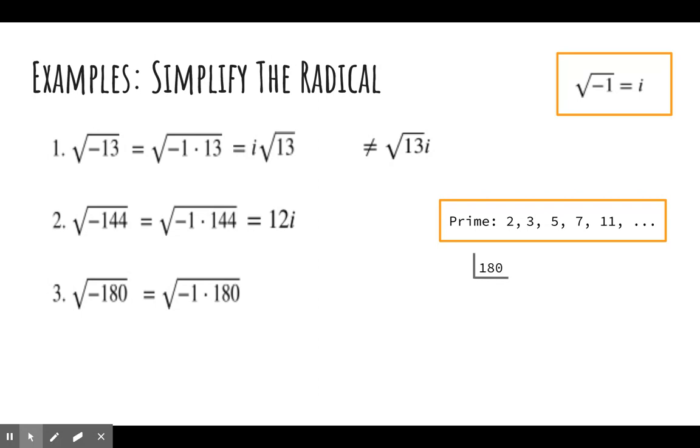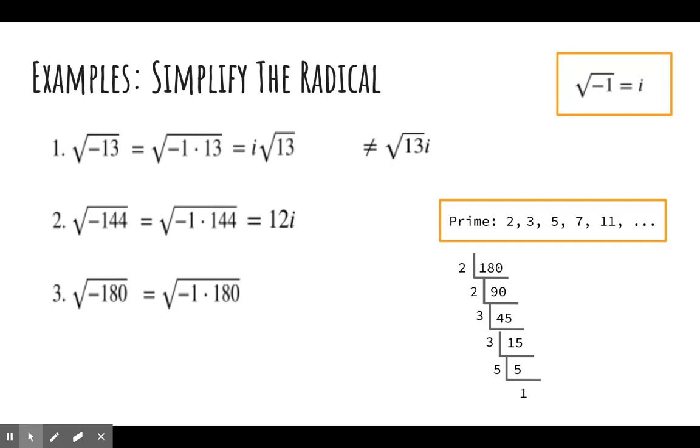So divide by primes. 2 goes into 180. 2 goes into 90. 3 goes into 45. 3 goes into 15. And then 5 goes into itself. So our prime factorization will help us simplify the part of the problem that's the square root of 180.